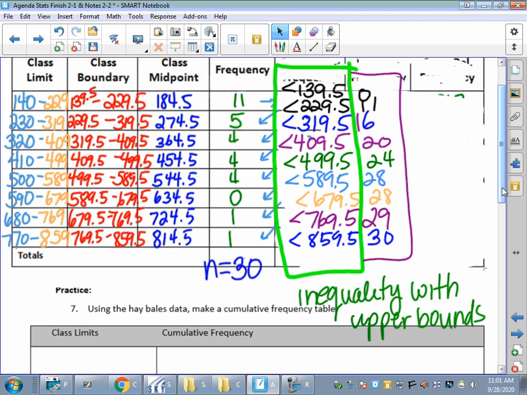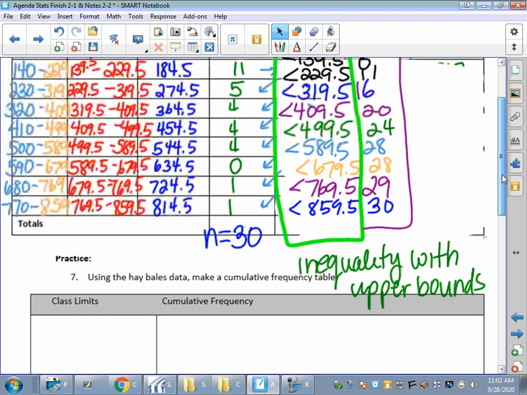You'll be like, oh, it's cumulative frequency, so I have to accumulate the frequencies. Or it's cumulative relative frequency, so I have to accumulate the relative, the decimal values. And then we'll get what goes in the rest of it as far as your inequalities with your upper bounds.